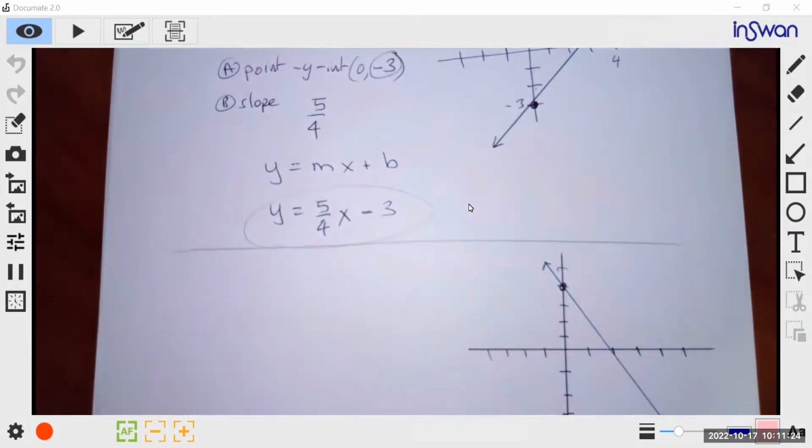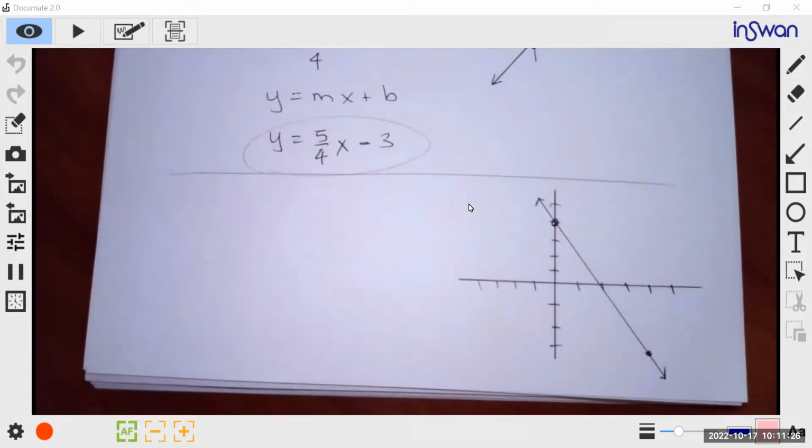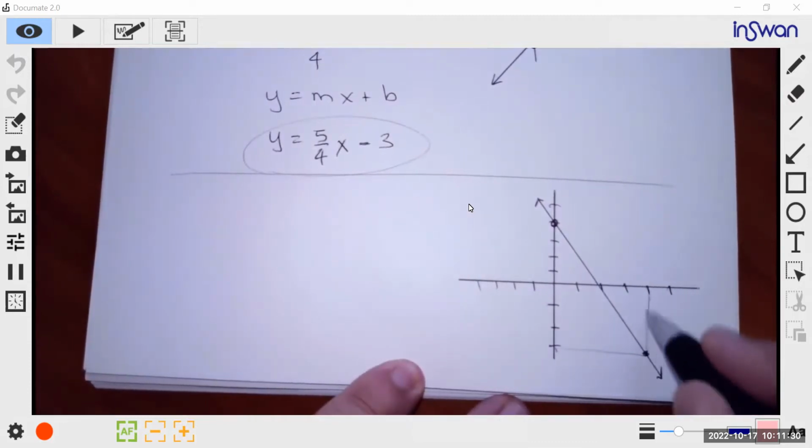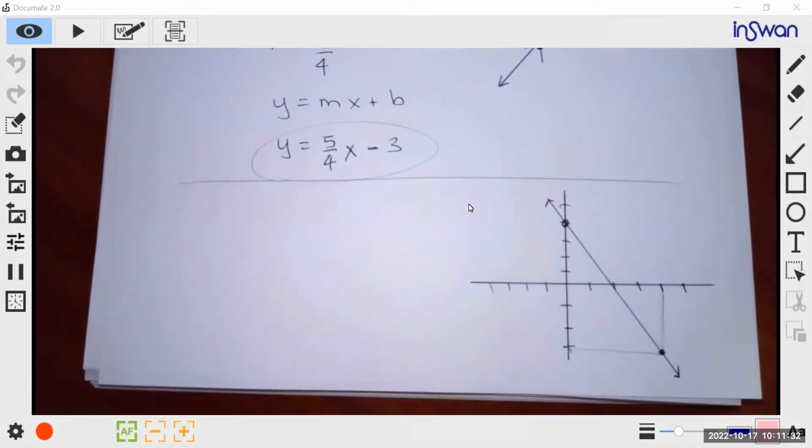Find the equation of the line. Since my graphs are horrible.